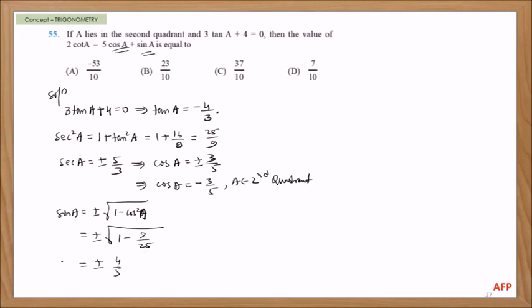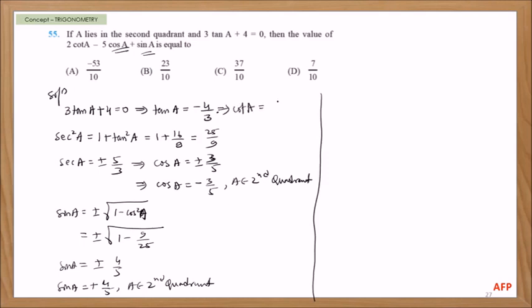Therefore sine A is equal to plus 4 by 5 because A belongs to second quadrant. In second quadrant sine is positive. So we got cot. By this you can write cot A value as minus 3 by 4.